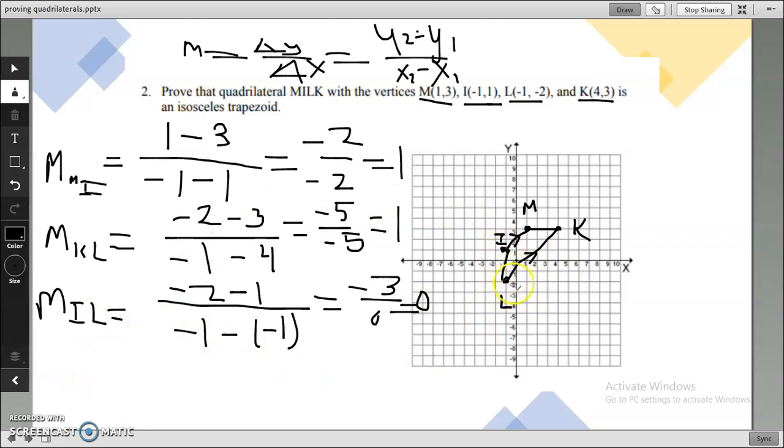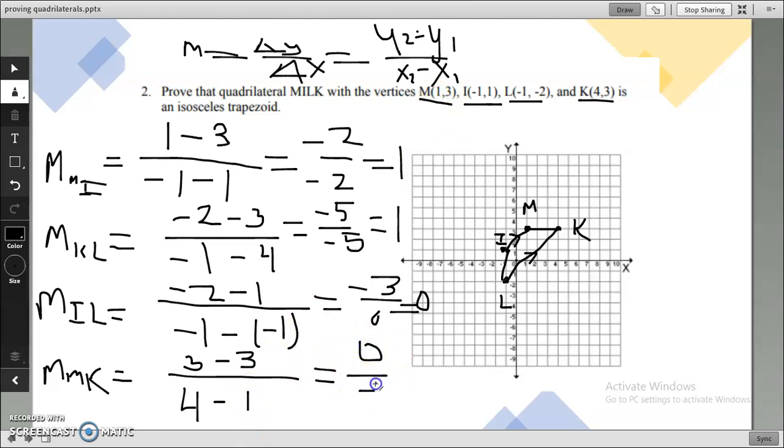So we did IL, let's do MK. K is my second point. So that is y2, which is 3, minus y1, which is 3, over x2, which is 4, minus x1, which is 1, and that gives me 0 over 3.